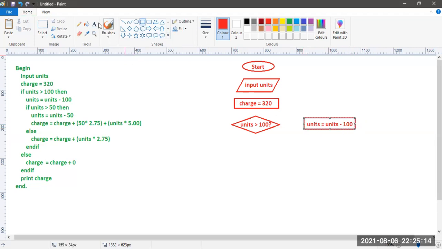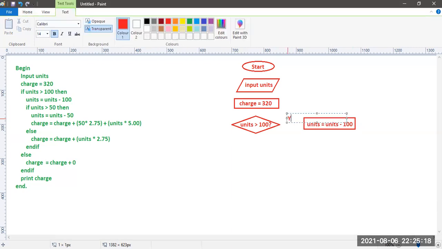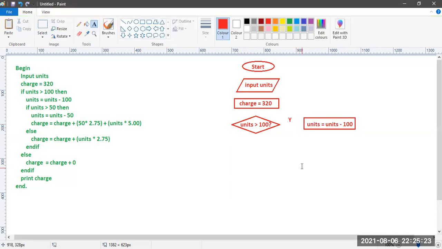All these are happening when the answer becomes yes. After that, we are going to start another if condition. If units are greater than 50, we are going to check again.